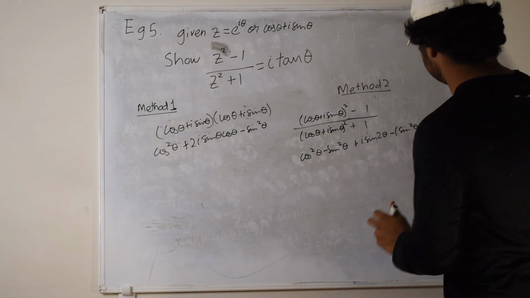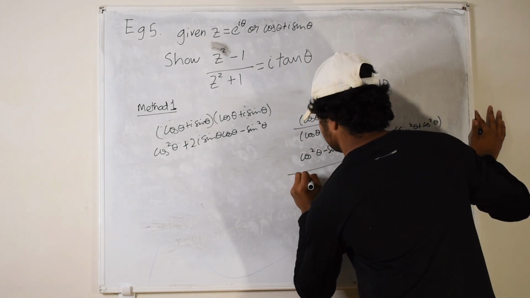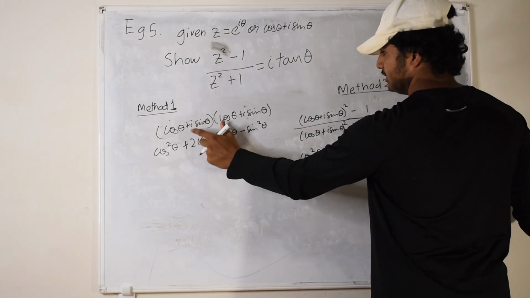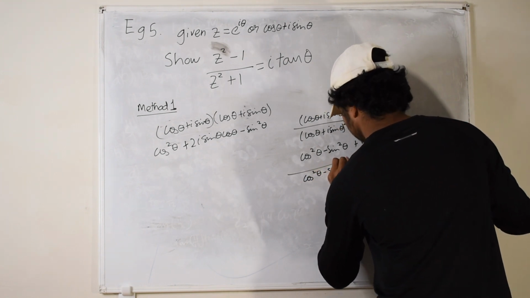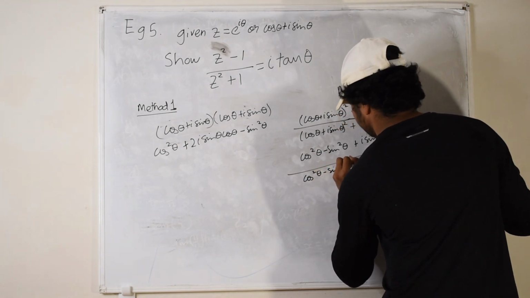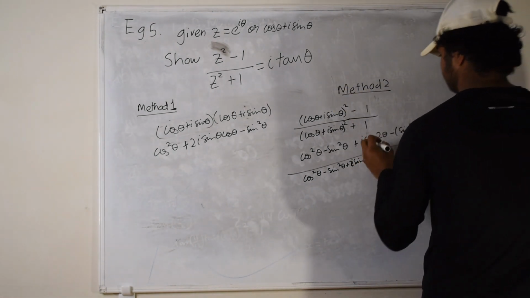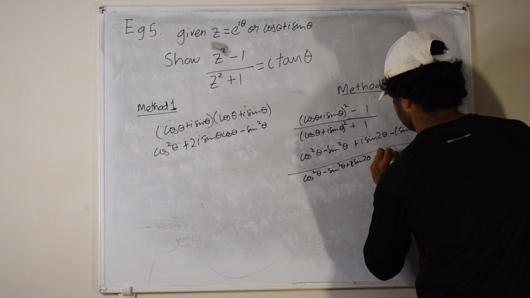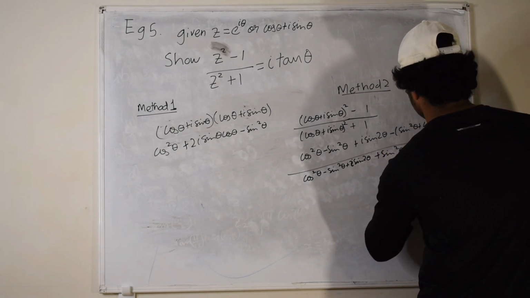Now we do the same for the bottom, except this then becomes cos squared theta. This just stays the same, minus sin squared theta plus i sin 2 theta, but instead of the minus we have plus 1 here, plus sin squared theta plus cos squared theta.